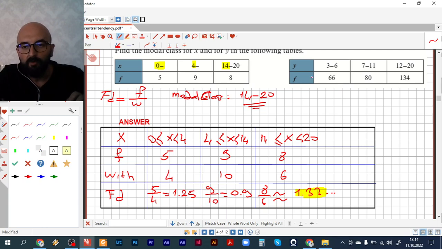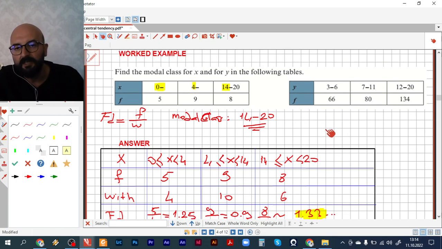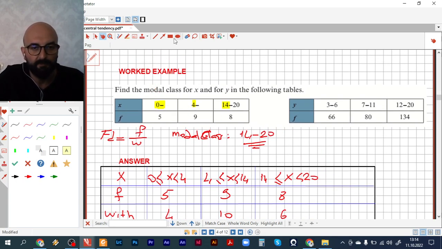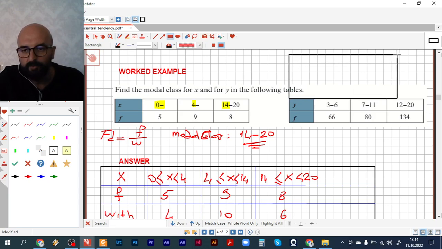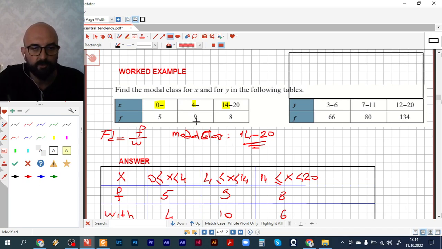Okay, now the other table. We solved the first problem, and I want to add a new table according to the first table.